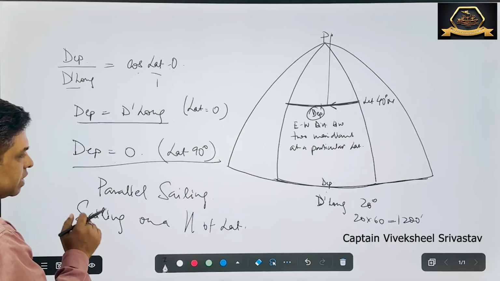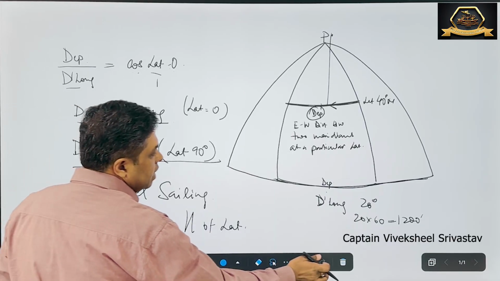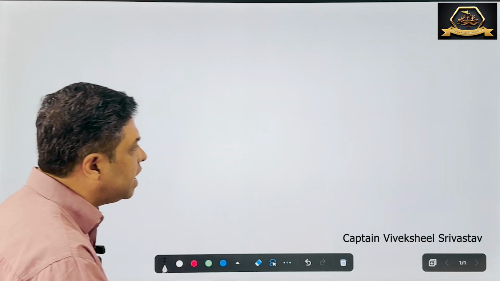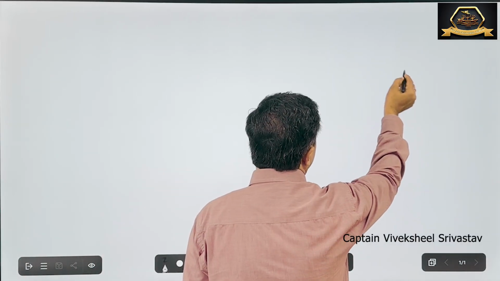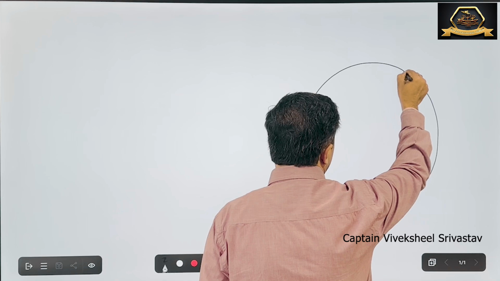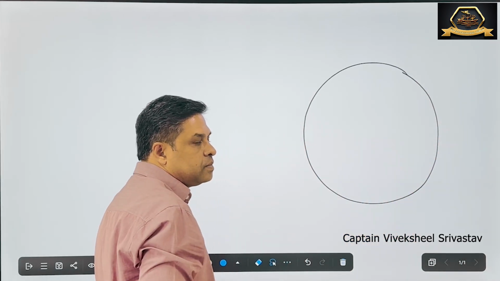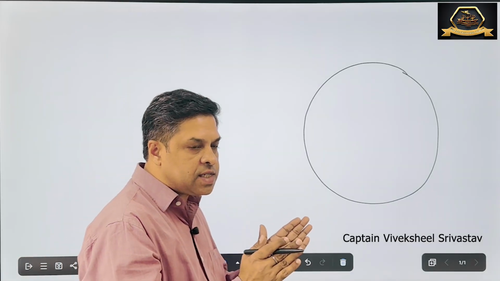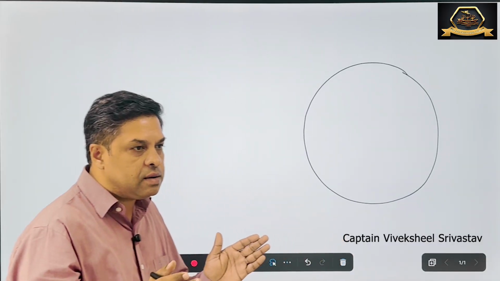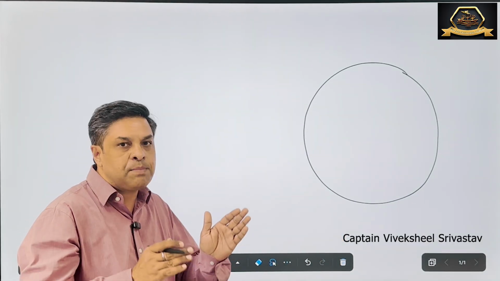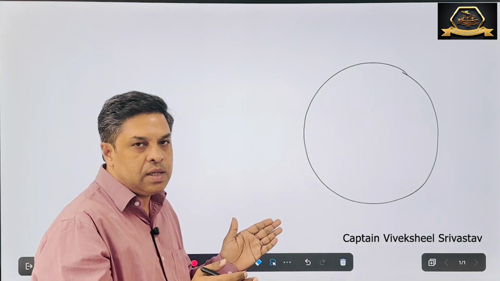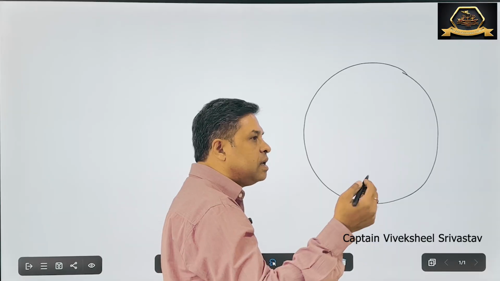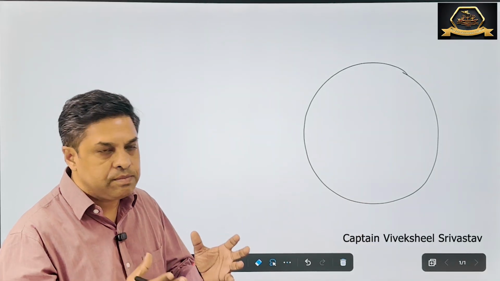Now let's go back to our idea of transferring the data from the globe to a chart, what we were talking about earlier. For small portions of areas, there is no problem. They can be very easily depicted as a flat piece of land on a piece of paper. So it's not very difficult. For example, we'll take the analogy of an orange peel.